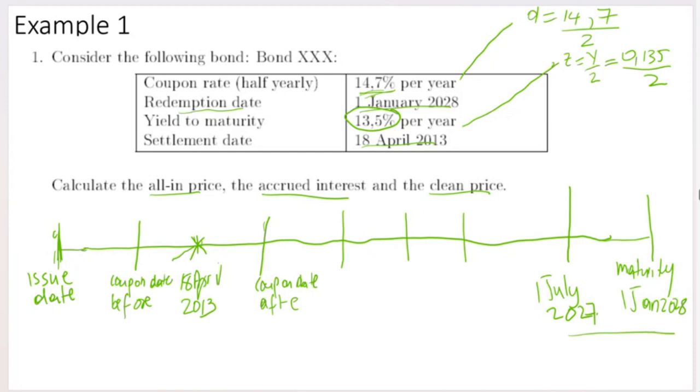So when you are here, this is guiding you. This thing is guiding you. This 18th of April, how many days? Oh, you've got 2 periods here. There's a period of coupon. There's a first period here, until the end.